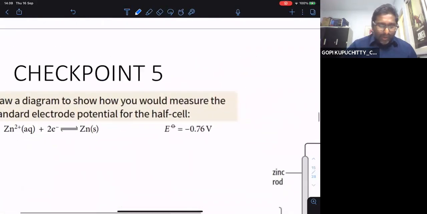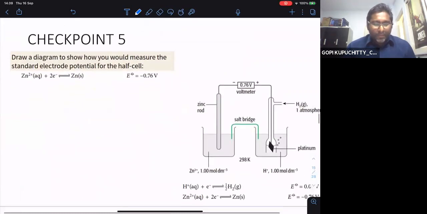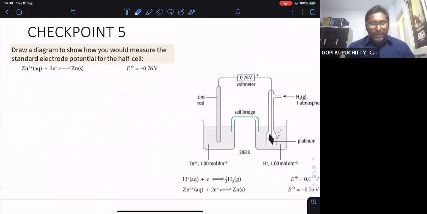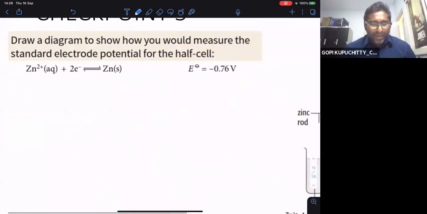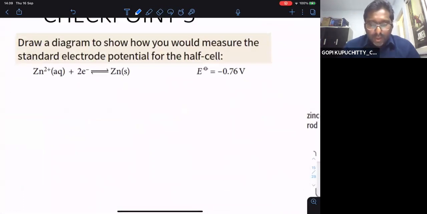Now let's look at the checkpoint. Draw a diagram to show how you would measure the standard electrode potential for the following half cell. How do you analyze it? The first thing is, this is zinc, a metal, and this is Zn2+, a metal ion.